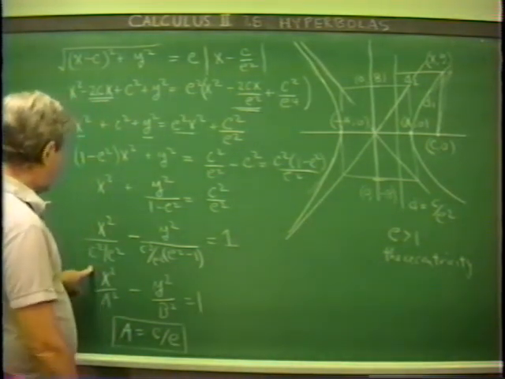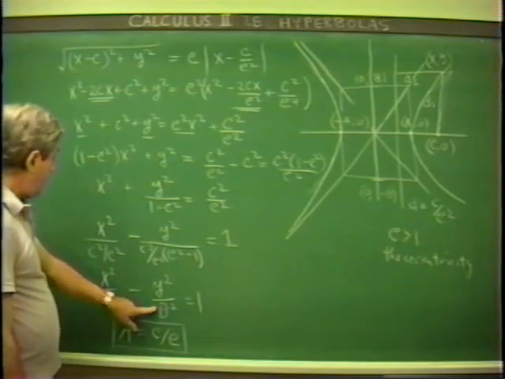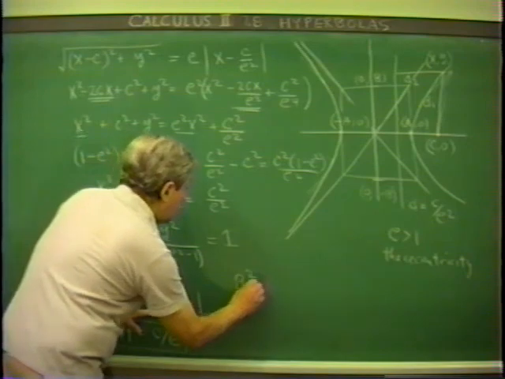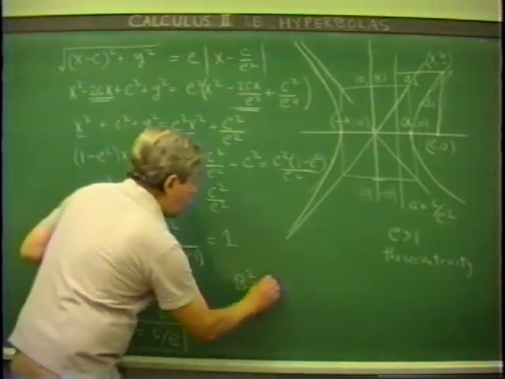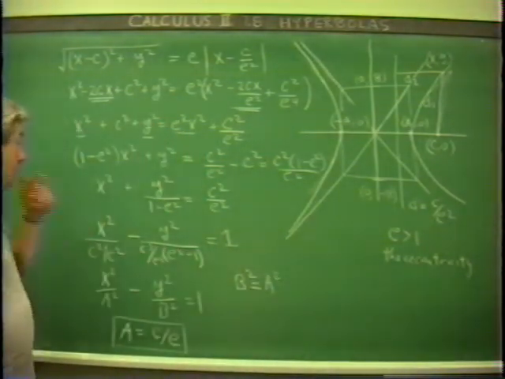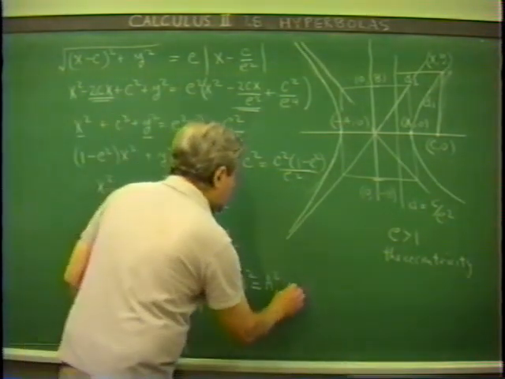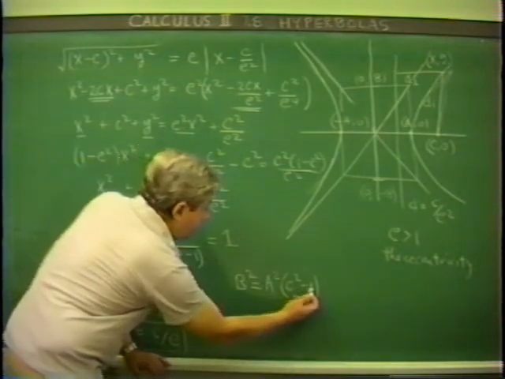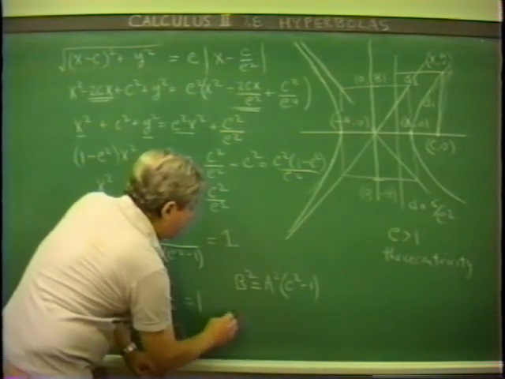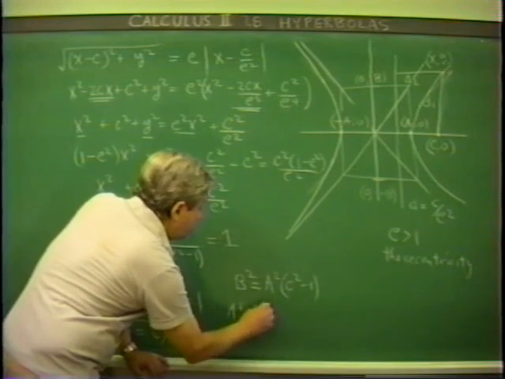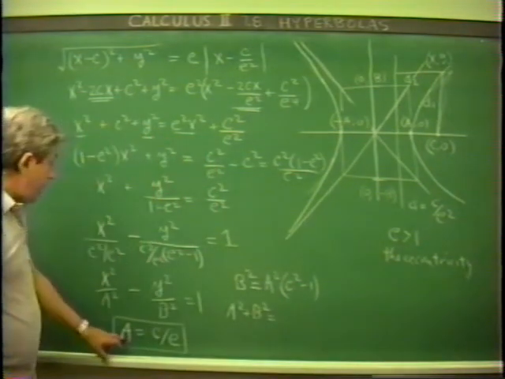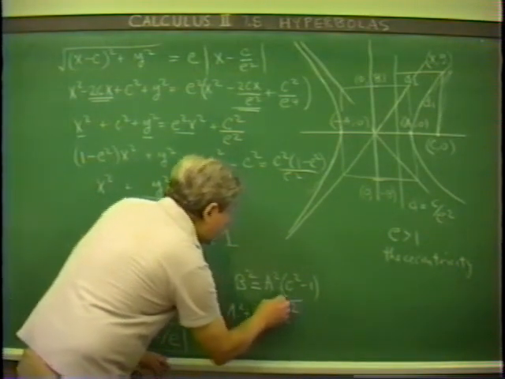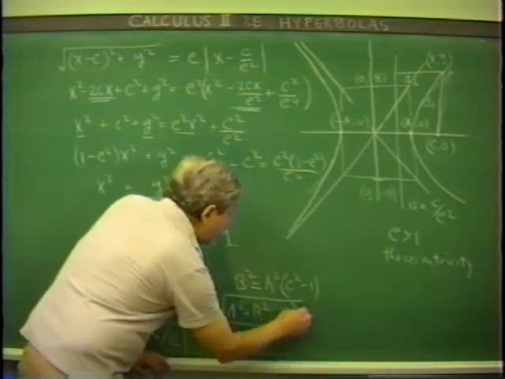There are two other equations that are important here. One of them is this. We have b squared is equal to a squared times e squared minus 1. That's the same. This is a squared times e squared minus 1, so I'm going to bring that to this side, and you're going to get a squared plus b squared is equal to a squared e squared, and now a squared e squared is c squared.